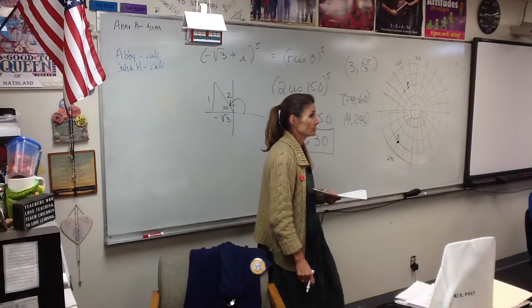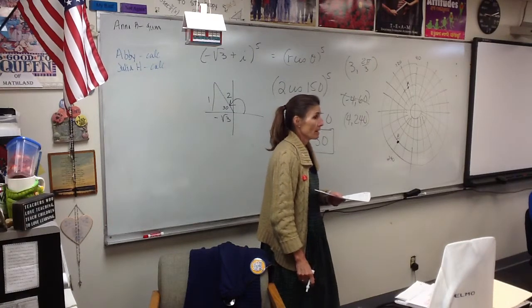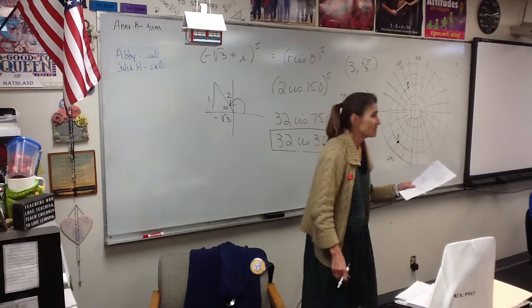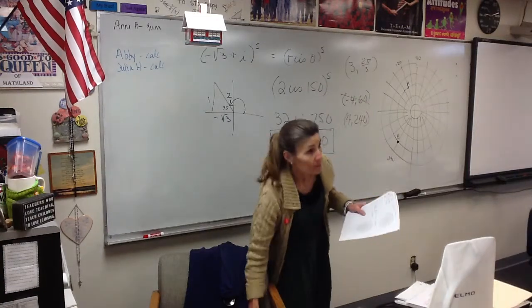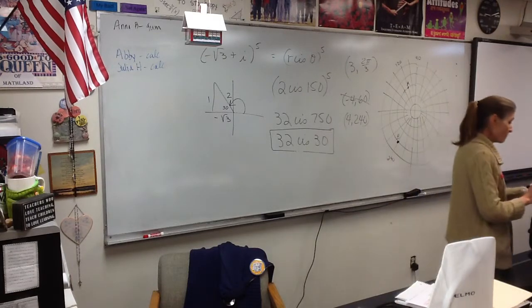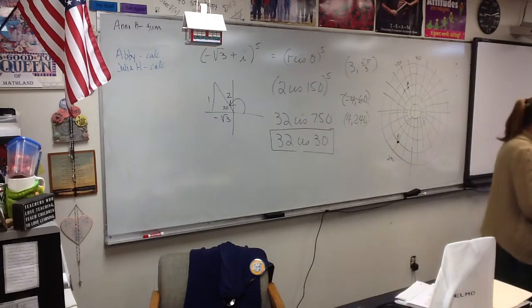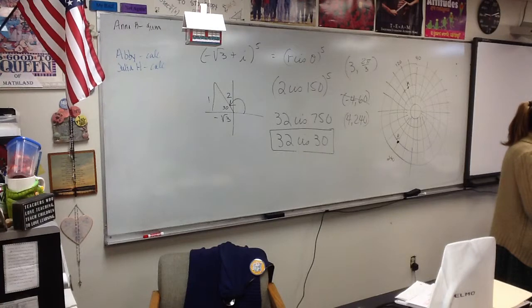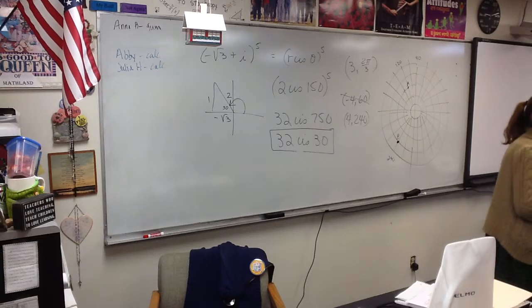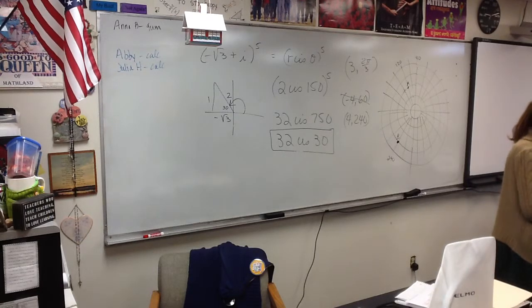Okay? Everybody good? Now we're going to sketch, be as accurate as possible. So get your calculators out. You want to go to polar mode, because we're doing a polar graph.